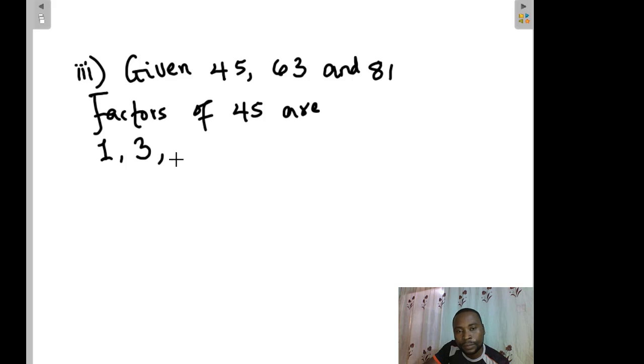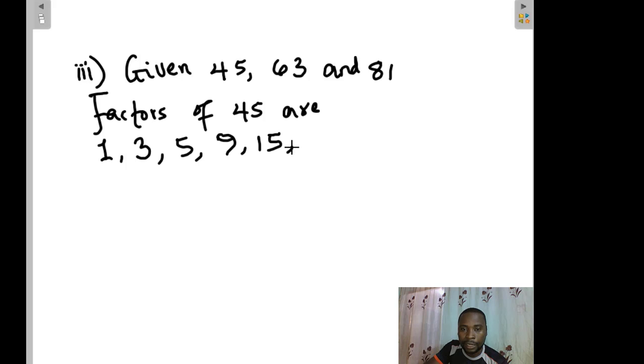So 3 is, 4 is not. 5 is, from the test of divisibility. Remember, 5 is a factor of 45. 6 is not. 7 is not. 8 is not. 9 is, because 5 nines is 45. Okay, so 9 is. Remember we said that 3 fifteens, 15 threes rather, is 45. So 15 is also a factor of 45.